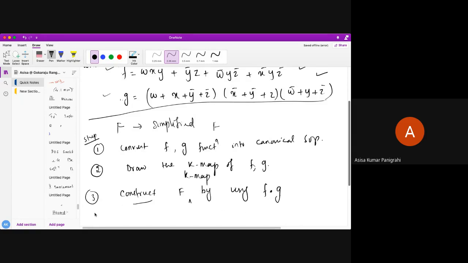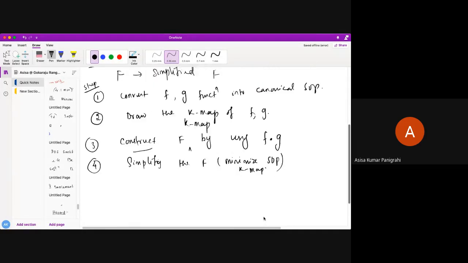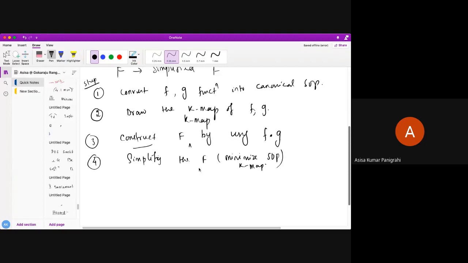Then the fourth one: simplify the capital F, which is actually minimizing the SOP. You have to minimize the SOP using K-map. To simplify, you need the capital F K-map.